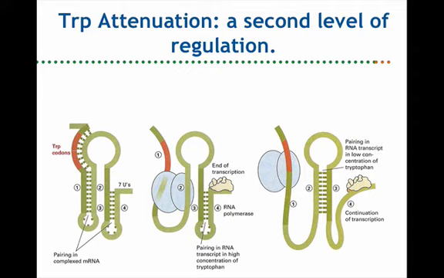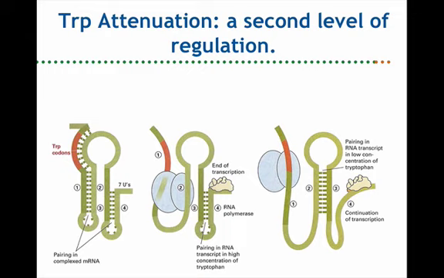If TRP levels are very low, TRP-charged tRNAs would be very rare. And a ribosome asking for one of those TRP tRNAs wouldn't get one. So the ribosome will stall.